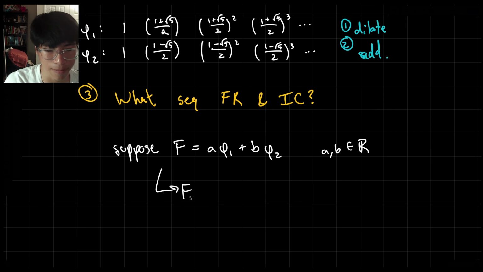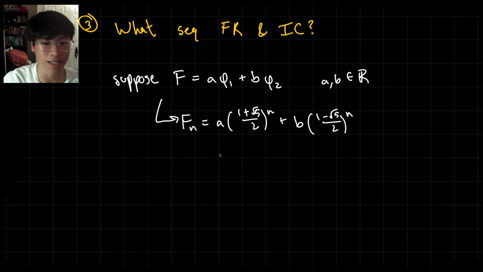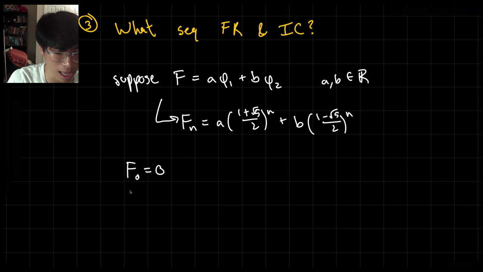First thing is that this implies that the nth term of this sequence is a times ((1 plus the square root of 5) over 2) to the nth plus b times ((1 minus the square root of 5) over 2) to the nth. Now to make sure this satisfies the Fibonacci initial conditions, we know that f0 must be equal to 0 and that f1 must be equal to 1.